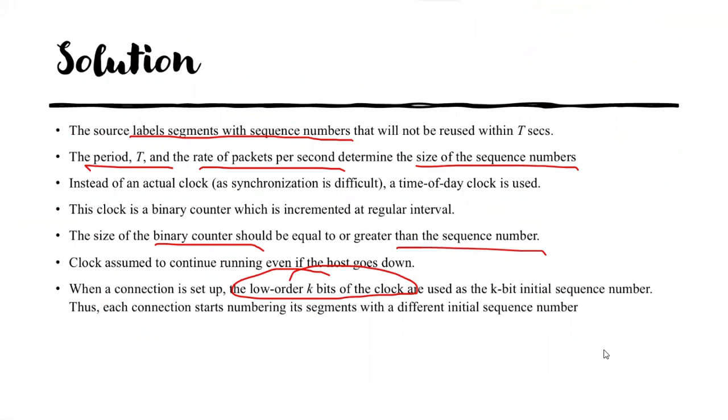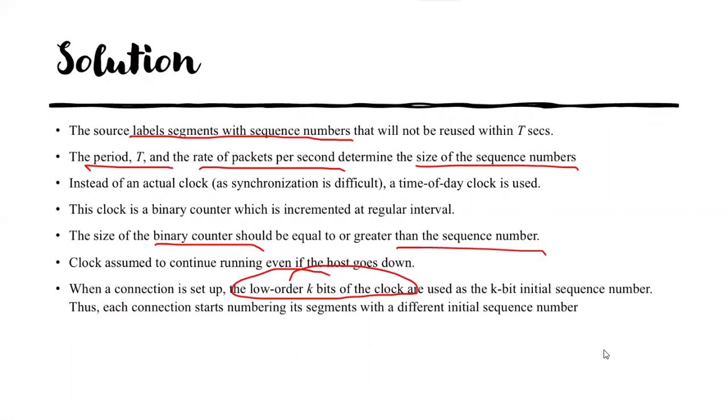Because within this period T, the packets which are sent have unique sequence numbers, it will be easy for the receiver, or for the sender also, to distinguish between an original connection request and a delayed connection request, because the same sequence number will not be repeated within T period of time.